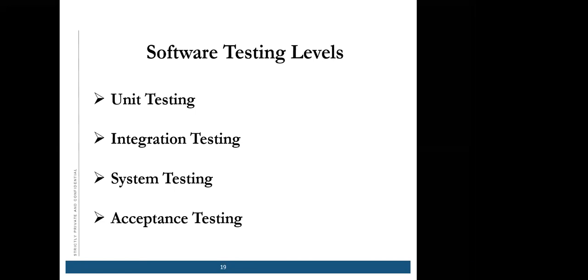Integration testing is when you have different modules and you want to integrate and combine them together and then do the testing. Then system testing is when you do all the functional testing in your system. Acceptance testing is done mostly by the user, or it can be done by the tester also.